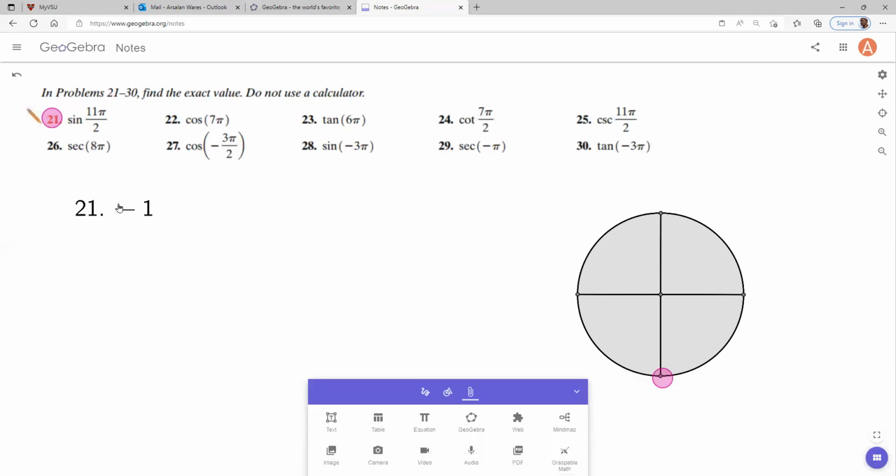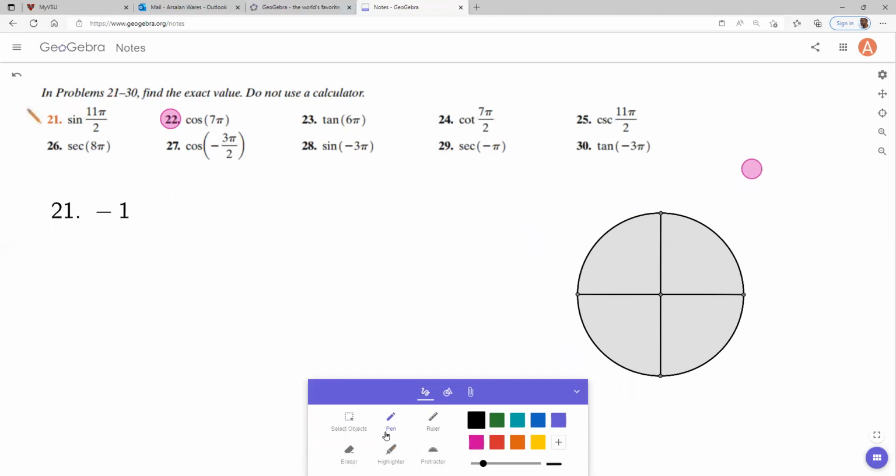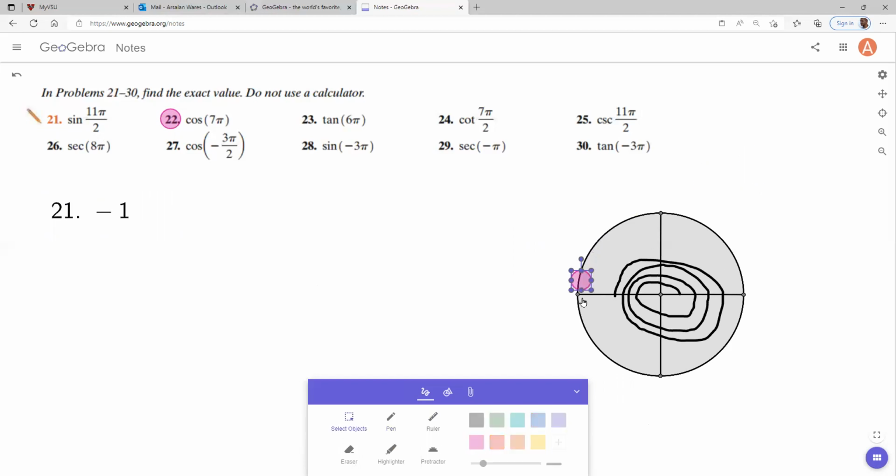Hope that makes sense. Let's do one more. Let's do 22. Okay, I'm doing two of the basic ones. We're working on 22 and 7 pi. Okay, positive 1, 2, 3, 4, 5, 6, 7. You land here.